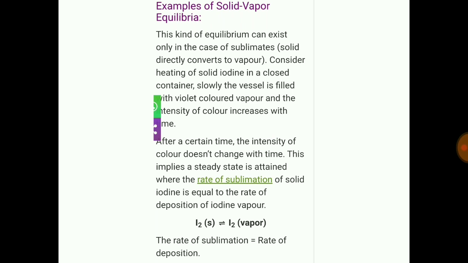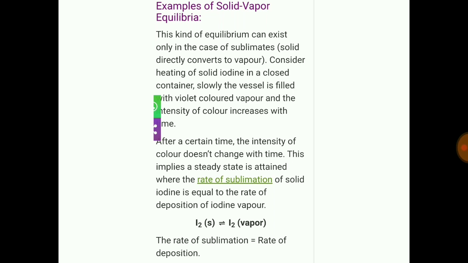Solid-vapor equilibrium. This kind of equilibrium can exist only in the case of sublimation, that is, when a solid directly converts into vapors. Consider heating of solid iodine in a closed container slowly. The vessel is filled with violet colored vapor and the intensity of color increases with time.